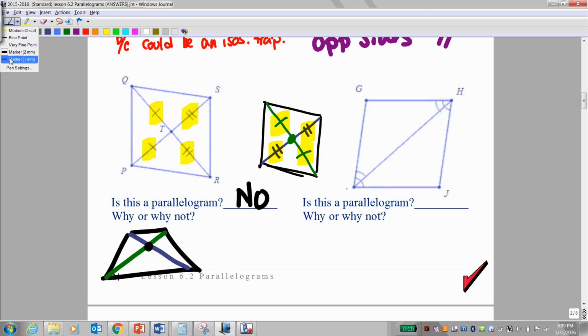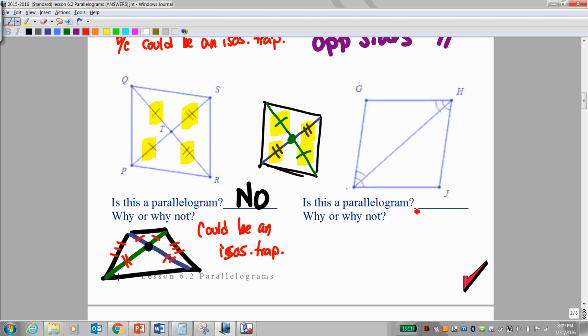This could be an isosceles trapezoid. Notice in an isosceles trapezoid, the diagonals do not bisect each other, but these two pieces would be equal, and these two pieces would be equal. So why is it not a parallelogram? It could be an isosceles trapezoid.